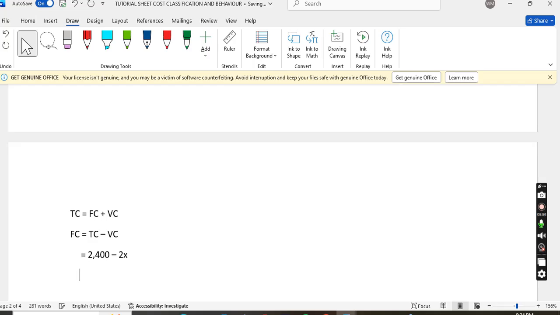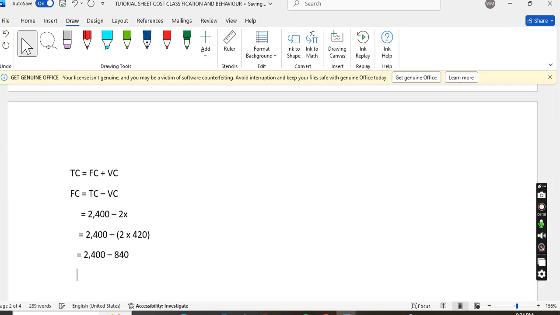So we say 2,400 minus 2 times our highest output, 420 units. 2 multiplied by 420 gives us 840. So 2,400 minus 840, we get 1,560 kwacha. That's our fixed cost.